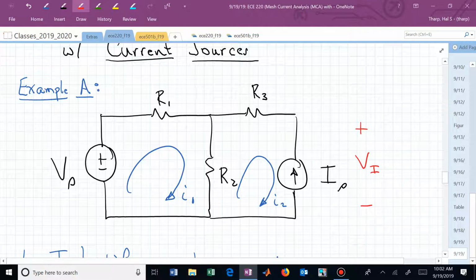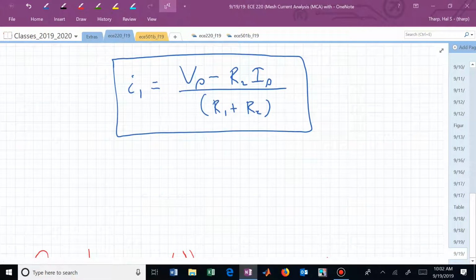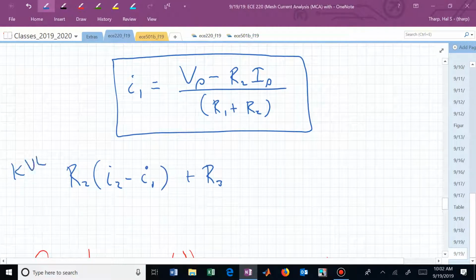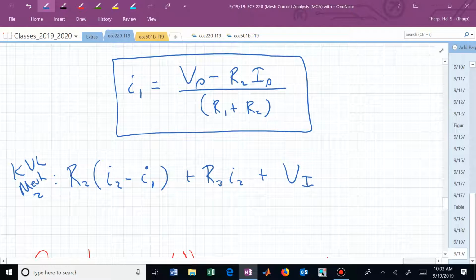but I could understand it much better if we just labeled it. Now KVL mesh 2 is R sub 2 times I2 minus I1 plus R sub 3 times I sub 2 plus V sub I is equal to 0.